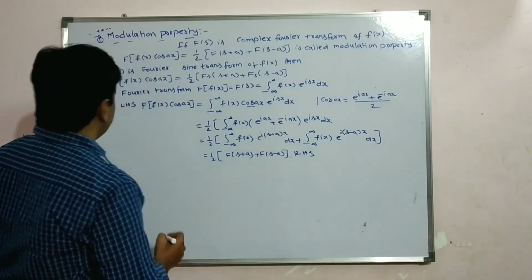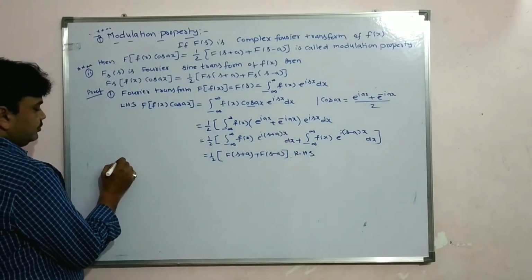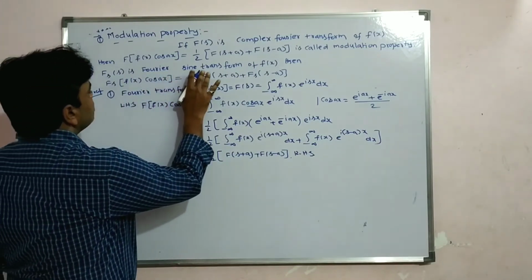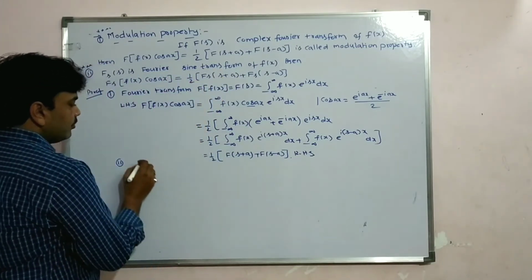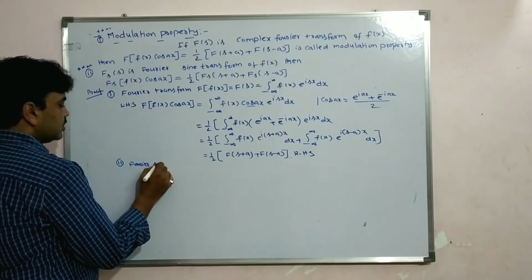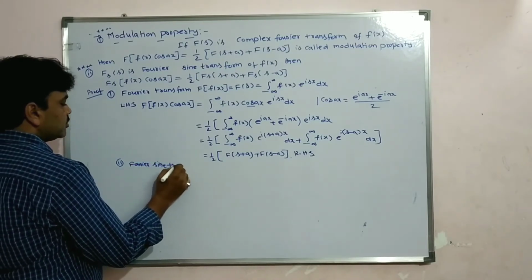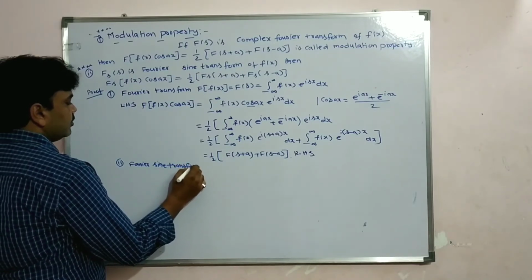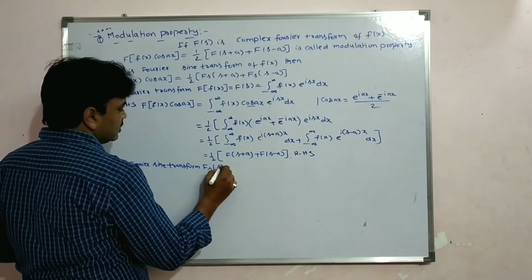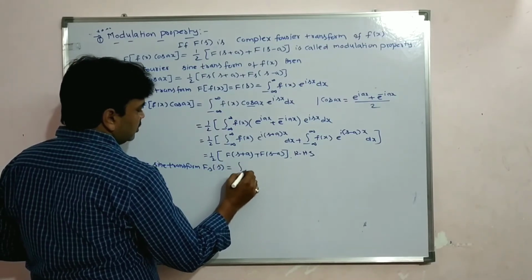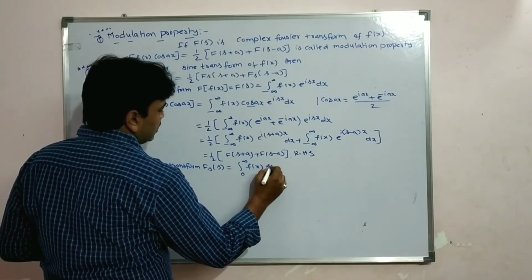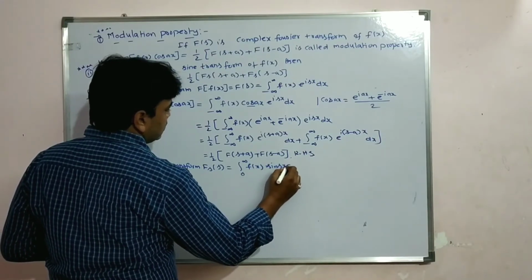Now the second one, students: the Fourier sine transform. What is the Fourier sine transform? Fs(s) is equal to the integral from 0 to infinity of f(x) sin sx dx.